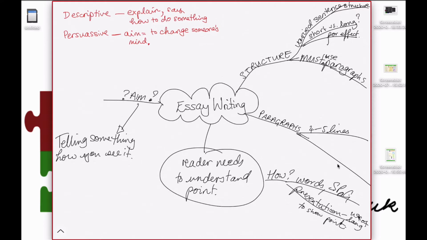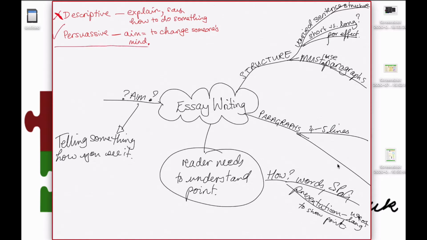In an essay, we do use descriptive writing, but an essay, especially if we're writing at A-level, is not descriptive generally. It is persuasive.